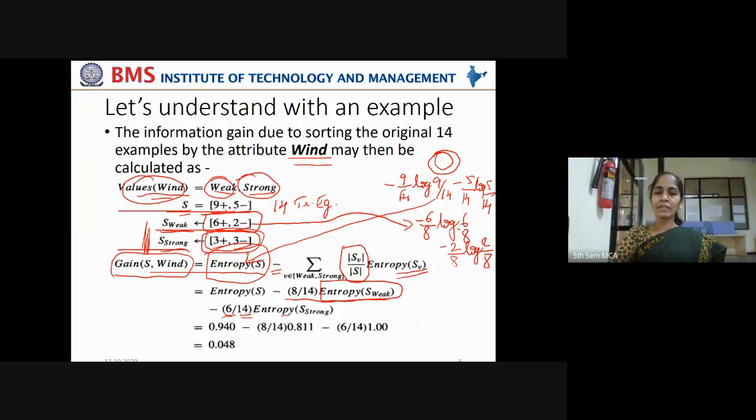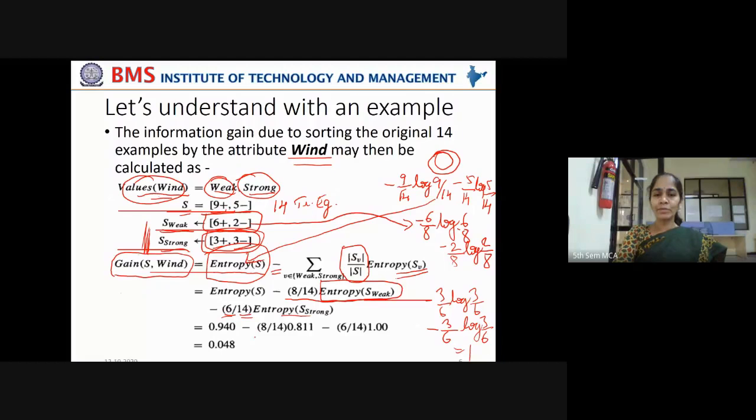So how do you calculate entropy of strong? You give the value as minus 3 by 6 log 3 by 6 minus 3 by 6 log 3 by 6. That will result as 1. Entropy of strong is 1.